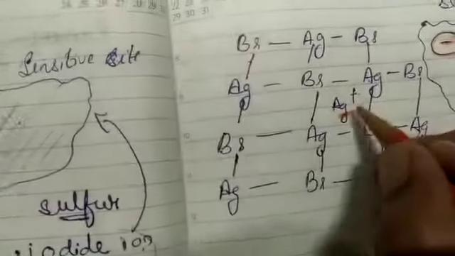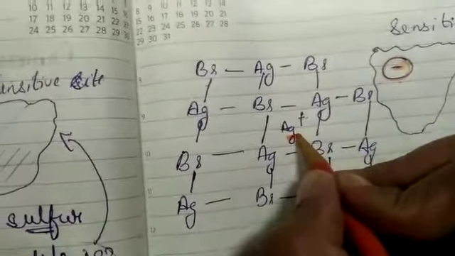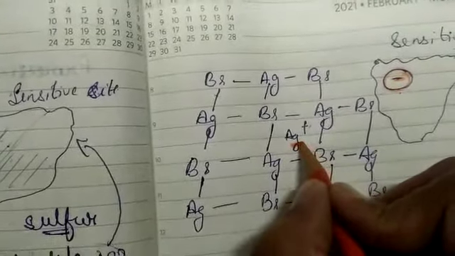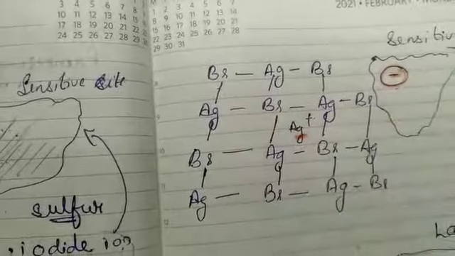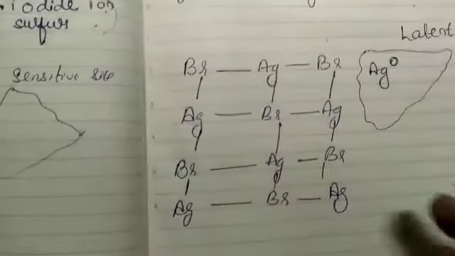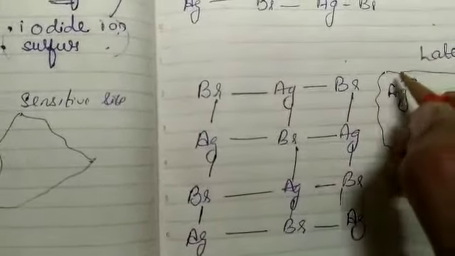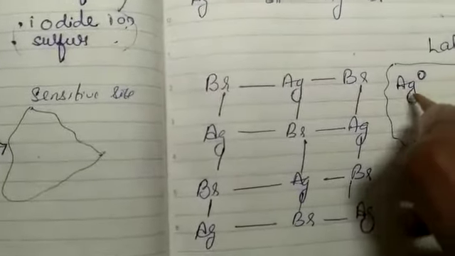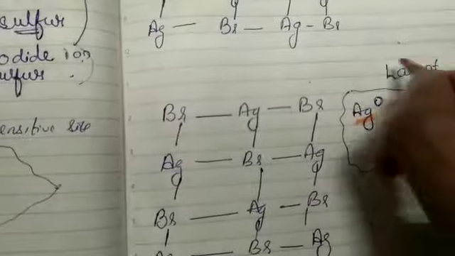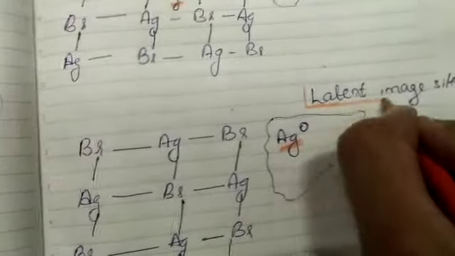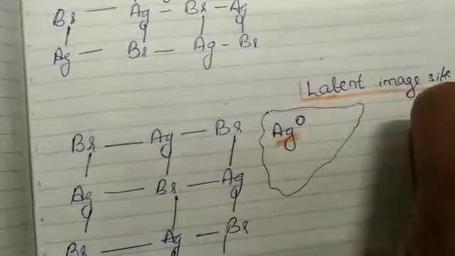This positive free silver ion goes to the site and forms a neutral silver atom, which is now called a latent image site.